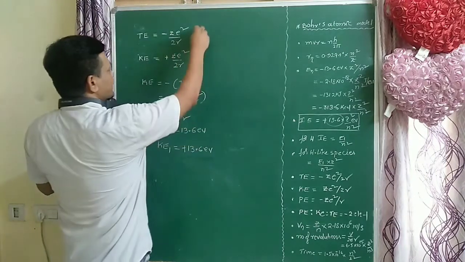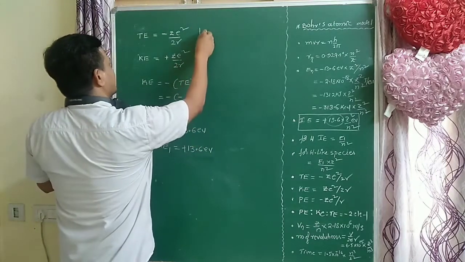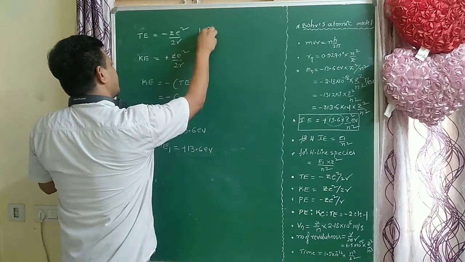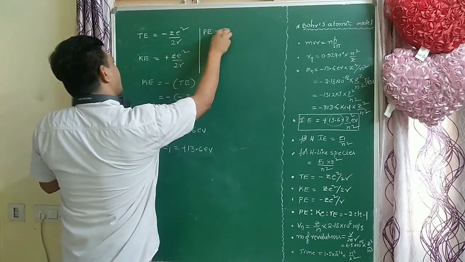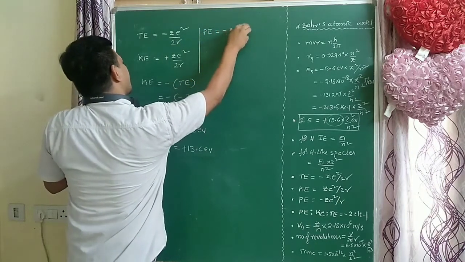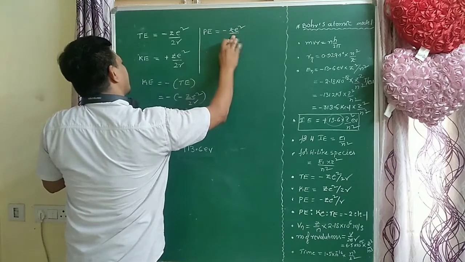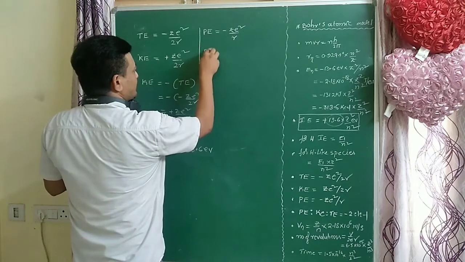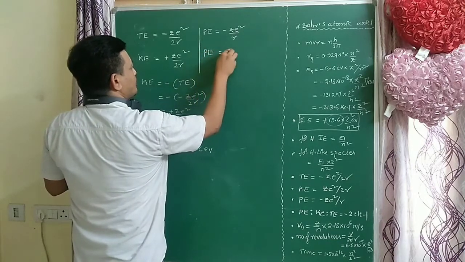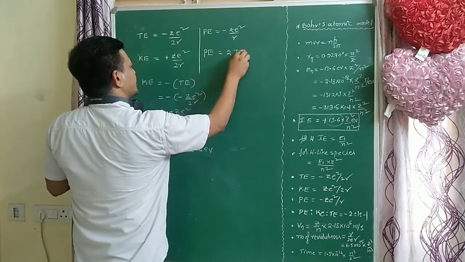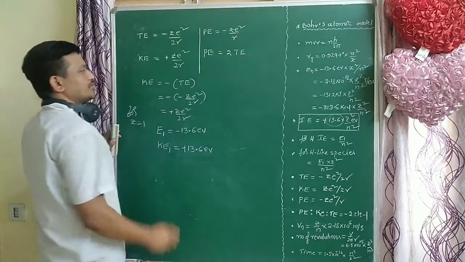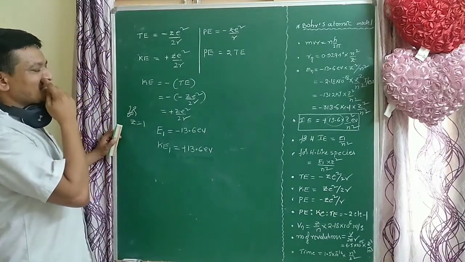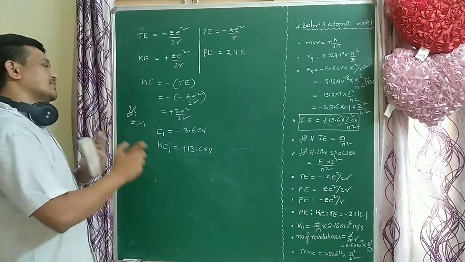What is the formula of potential energy? P equals minus Z square by R. So potential energy equals 2 into total energy. Potential energy is double that of total energy, but both are negative.